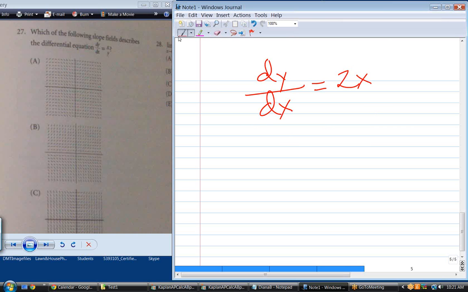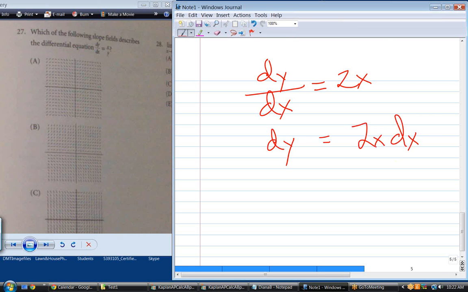Separate the variables and then integrate both sides. In other words, you want all the variables in x, anything with x in it, on the right side, and anything with y in it on the left. So the first step is pretty simple: dy equals 2x dx.